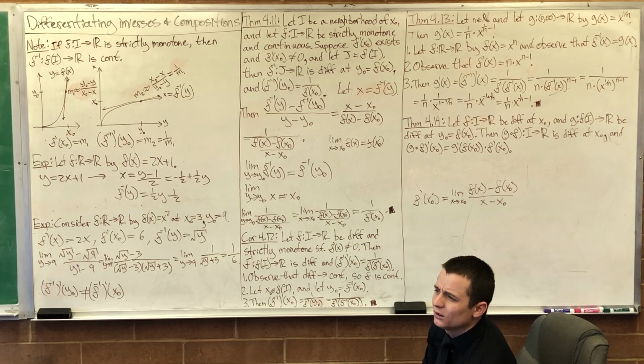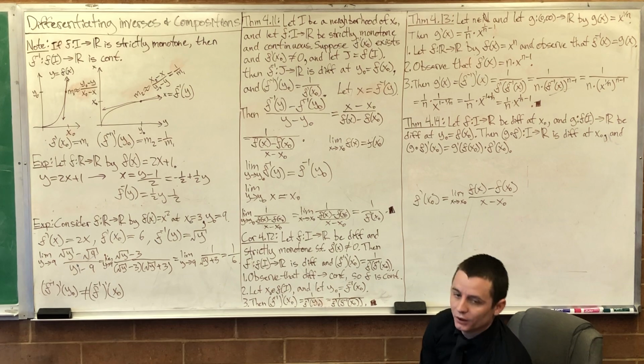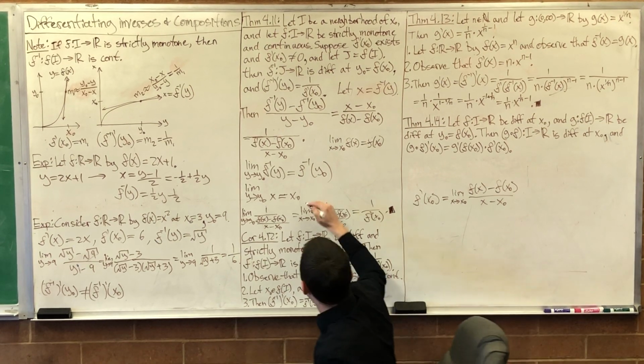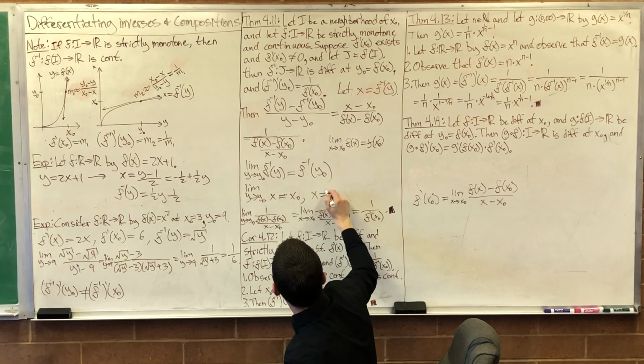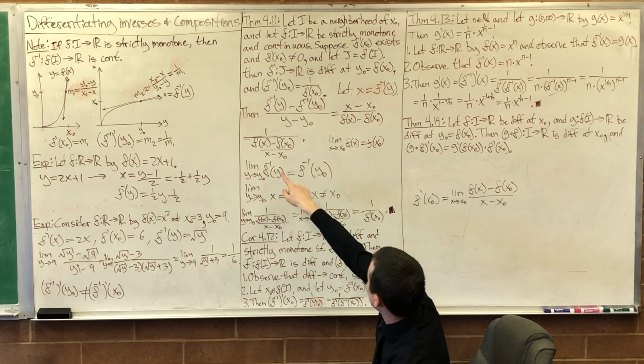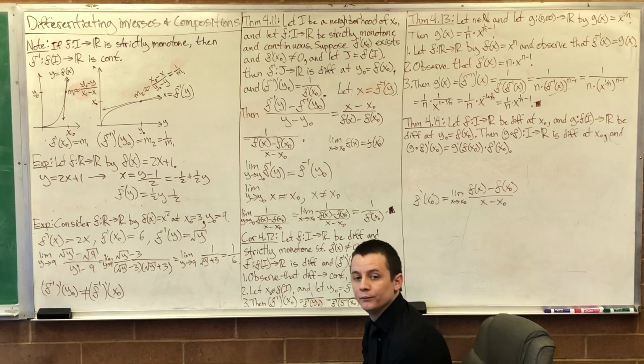Is it 1-to-1? No, that's just both continuous. But it's strictly monotone, 1-to-1. That's where we're getting 1-to-1. So that comes from strictly monotone. So we know that this is the case, and x is not equal to x naught, ever. So we never divide by 0, and by definition we're dividing by f of x up there, because we're doing the limit as y approaches y naught.